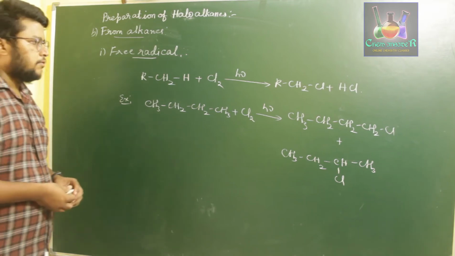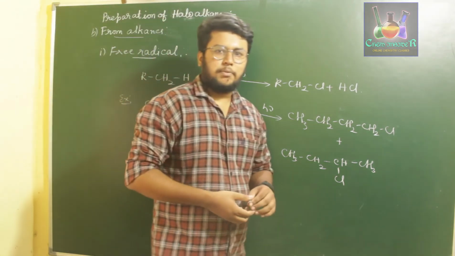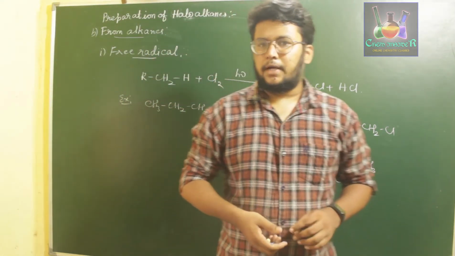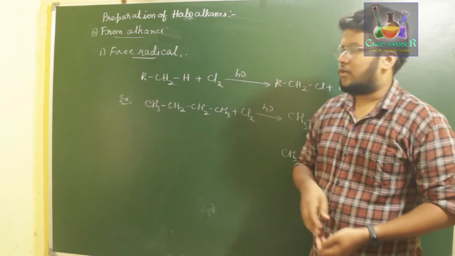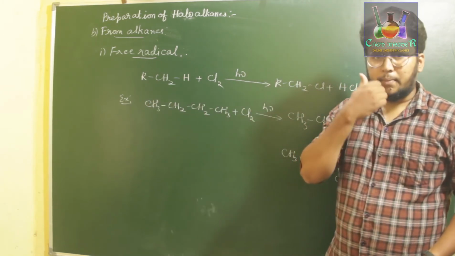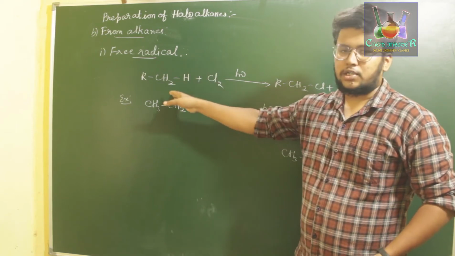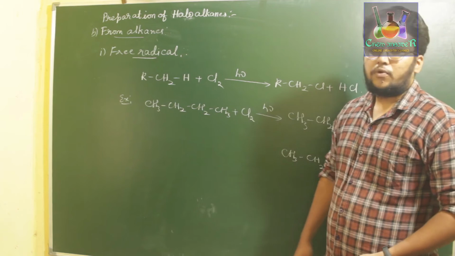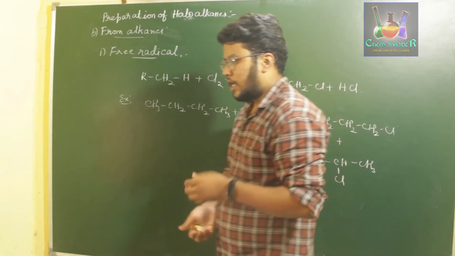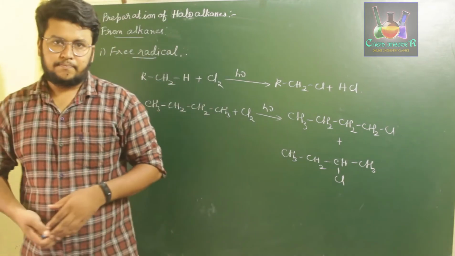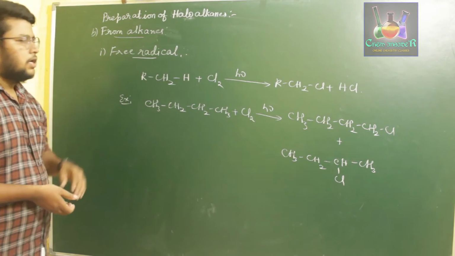That being said, we can say that haloalkanes, especially chloroalkanes, can be prepared when we treat chlorine with alkanes in the presence of diffused sunlight. What happens here is we substitute hydrogen with chlorine radicals through a free radical mechanism. So this is about the preparation of haloalkane using alkanes. This is only one method for preparation of haloalkane from alkanes.